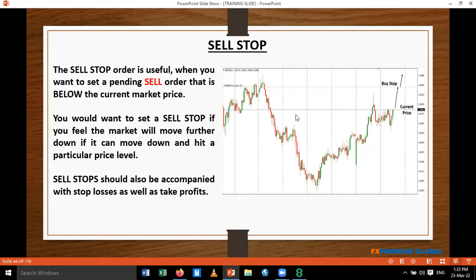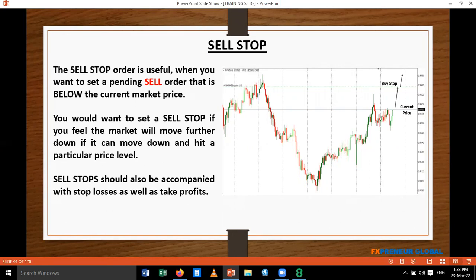Okay, good. The disadvantage if you leave your pending order is this. If you leave it without closing it, maybe you forgot, the market might come back to that price next week, next month, or a couple of days later, and still execute that order without you knowing.